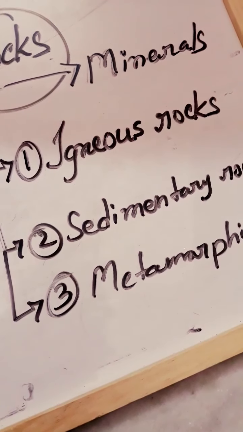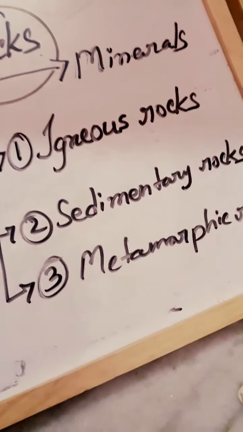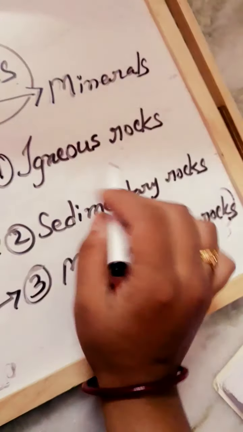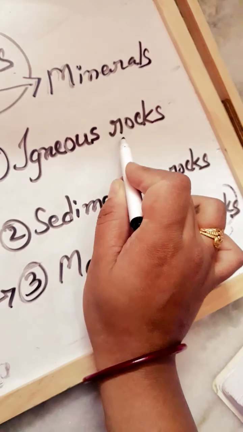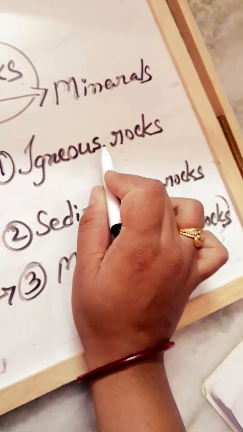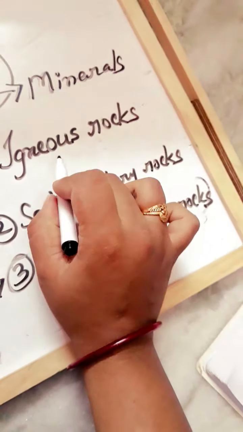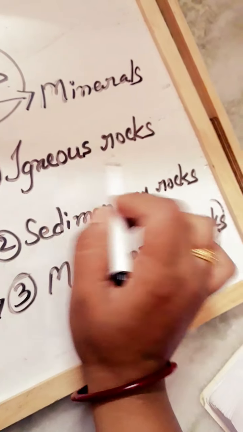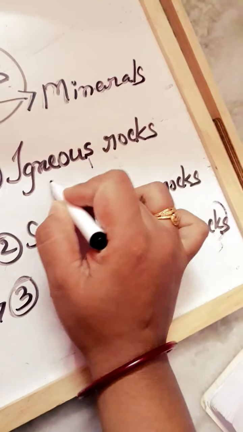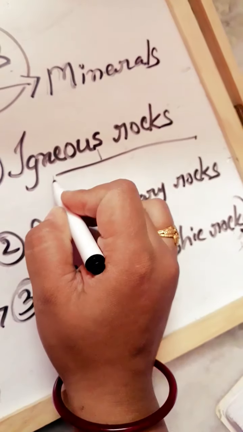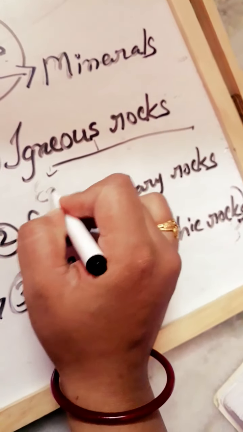So igneous rocks are also called primary rocks. Another name for igneous rocks is primary rocks, and it also has two different types, extrusive and intrusive.